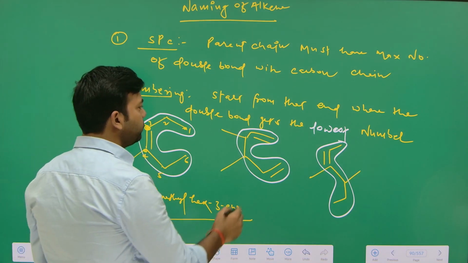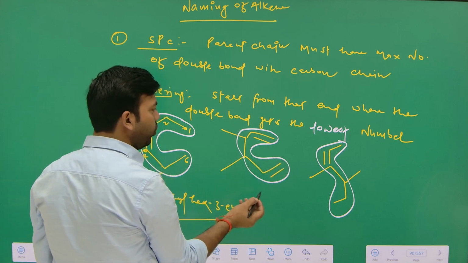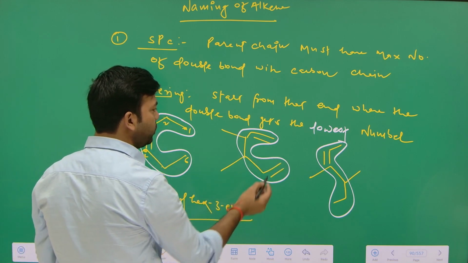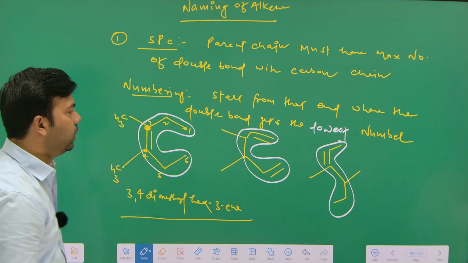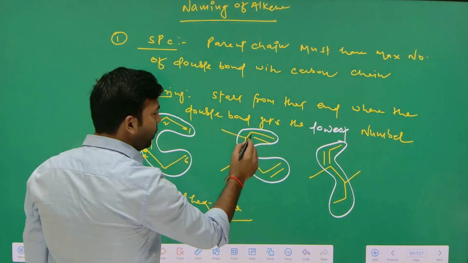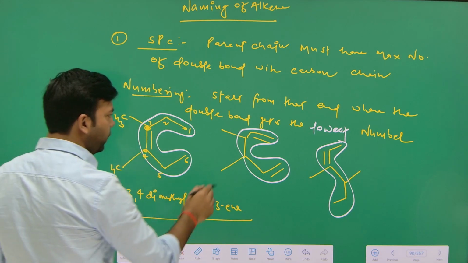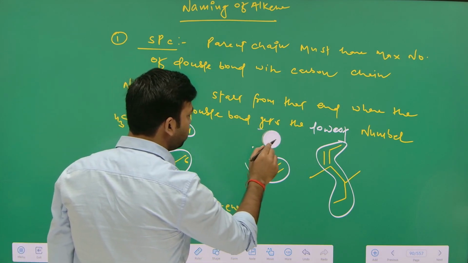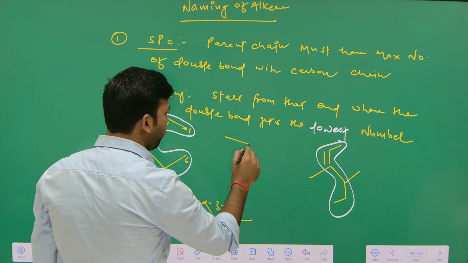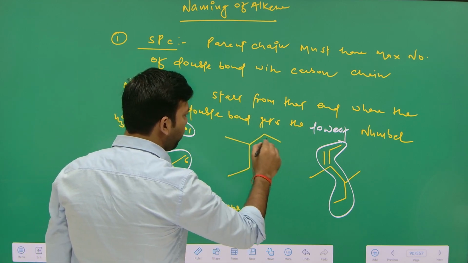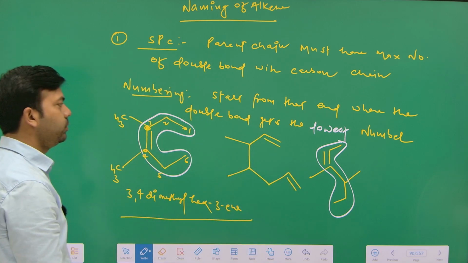Look at this one. So this is again, we can start from both ends. The double bond comes at the same position as well as the branch. No, there is a problem with the branch. Here my branch is at number, oh wait, I think I made a mistake here. Okay, look at this one.